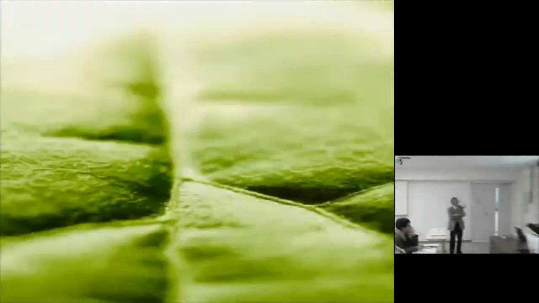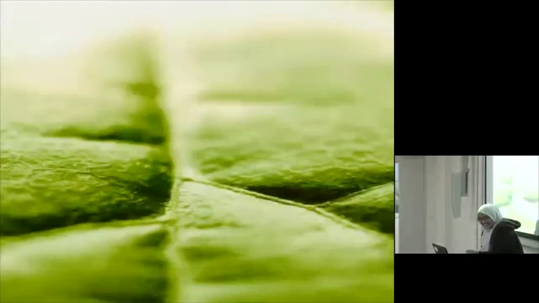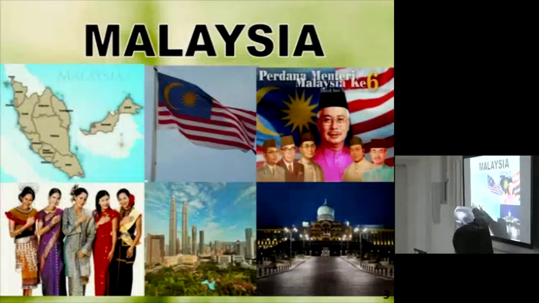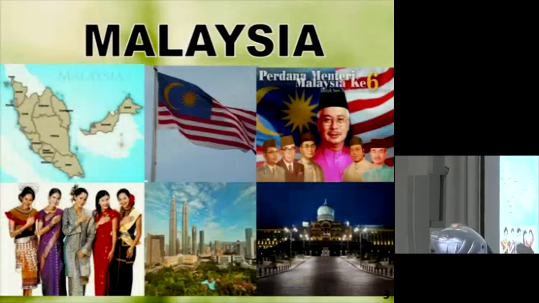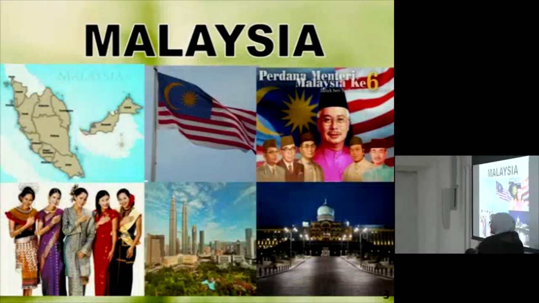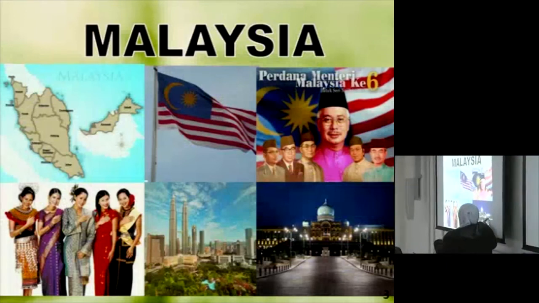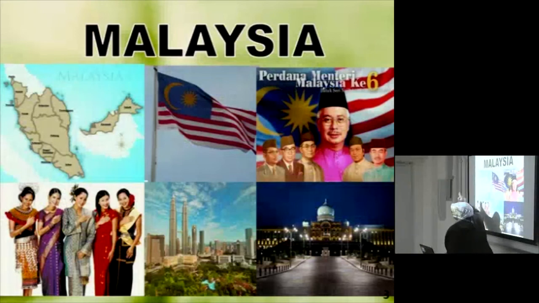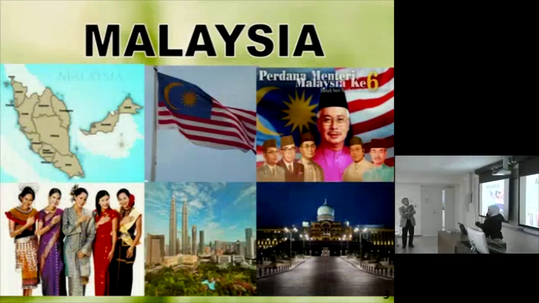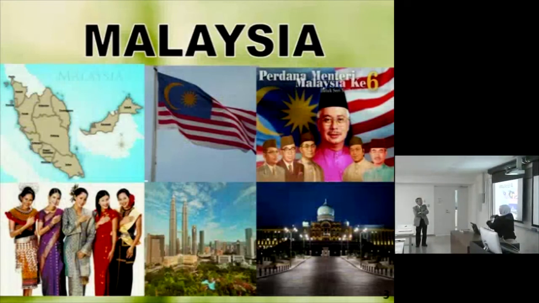And where's KL? Here, in Selangor. And our government building, Putrajaya, is also located here. Here's Kuala Lumpur, here, in Selangor. Oh, it's a small place in Selangor. You have to learn about Malaysia.